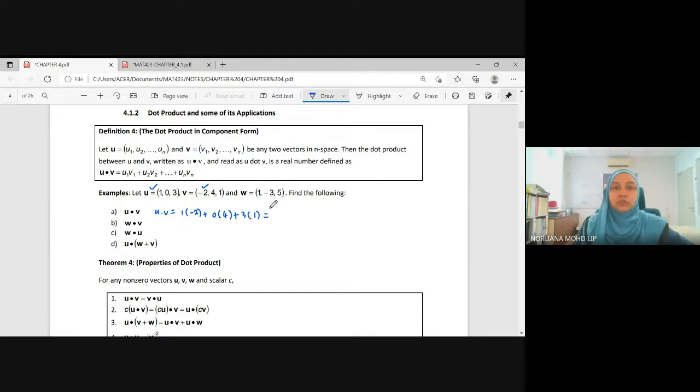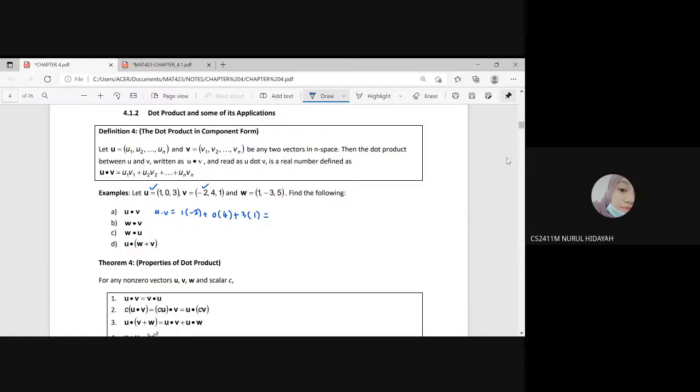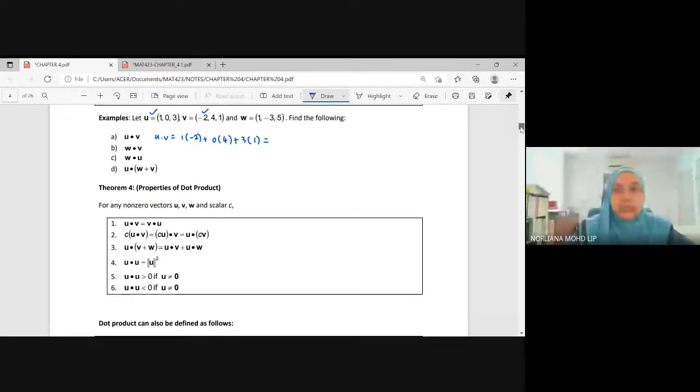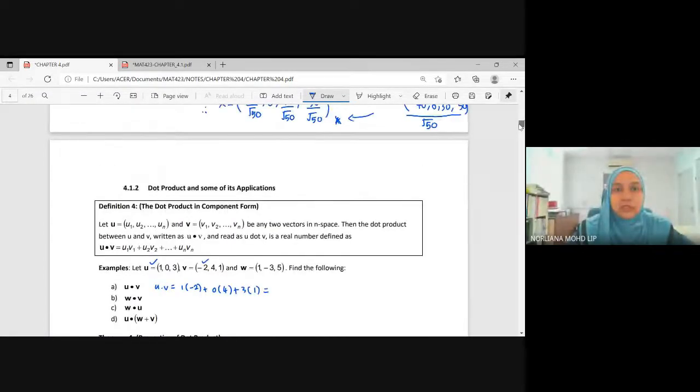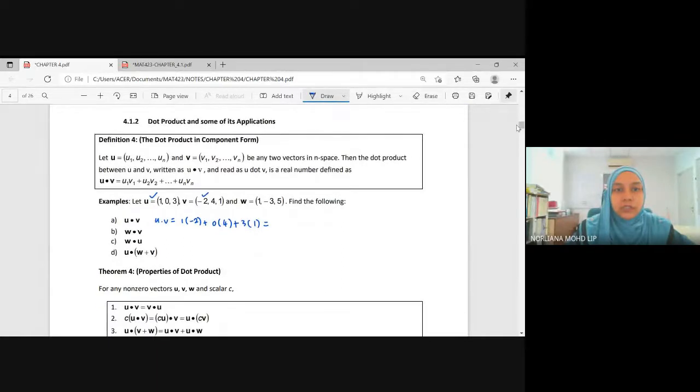That is equal to 1. This example is in the last notes, 4.1.2.